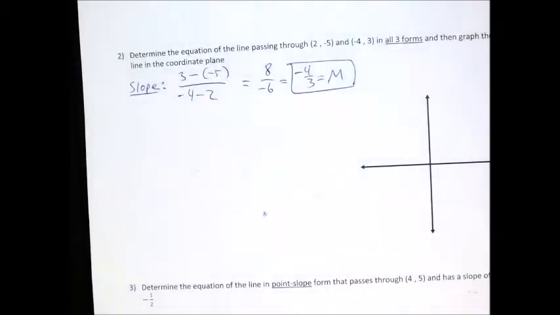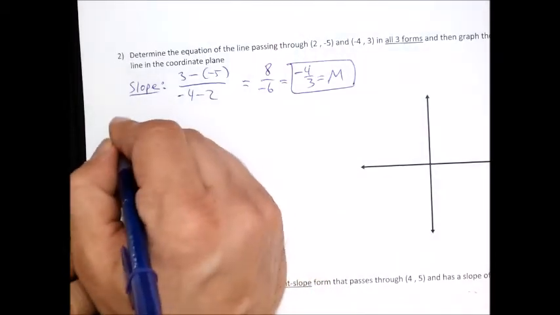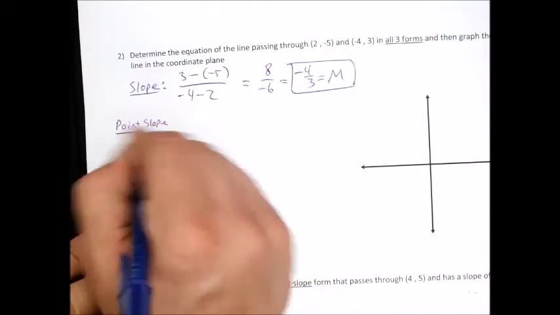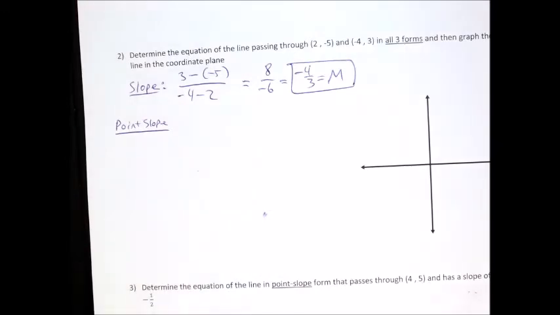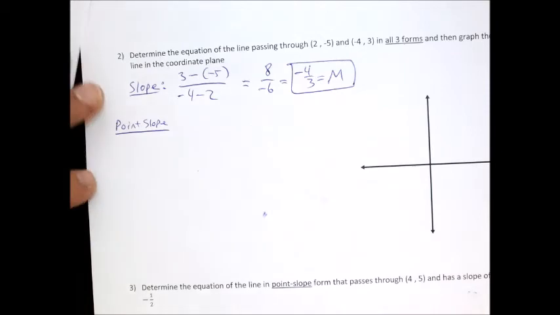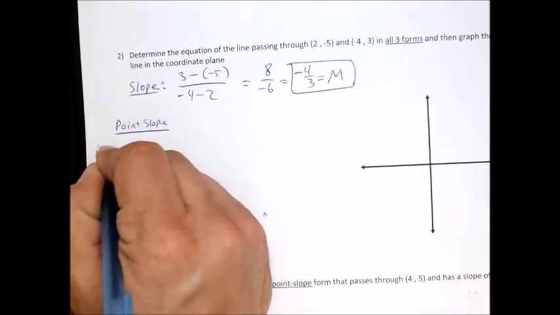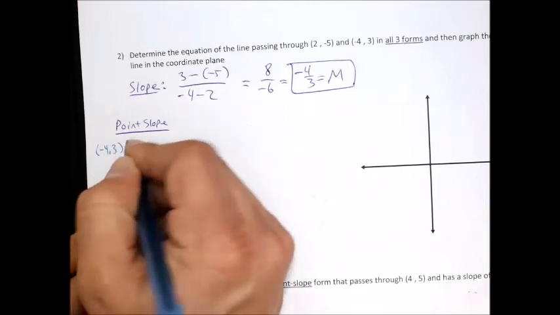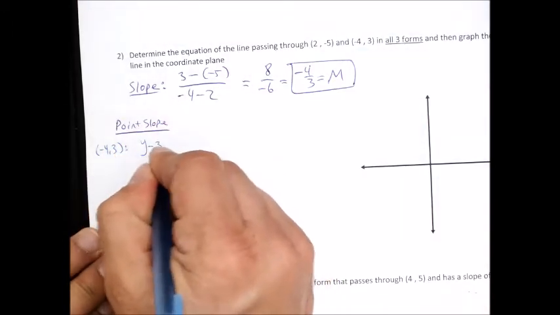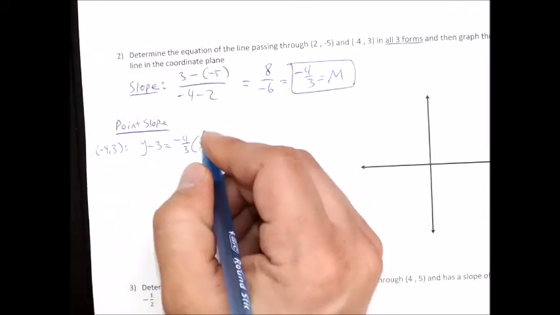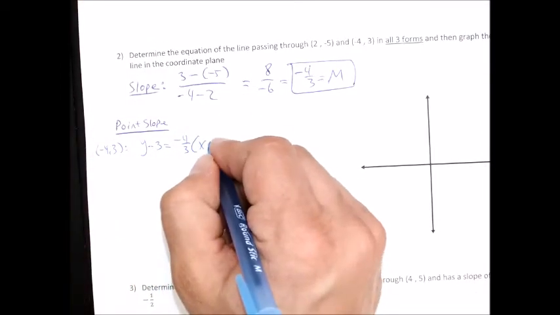And so you have two options, right? You could either write, so let me do point slope. Switch colors here. So point slope could be either, if we use the point minus 4, 3, it would be y minus 3 equals minus 4/3 times x plus 4.